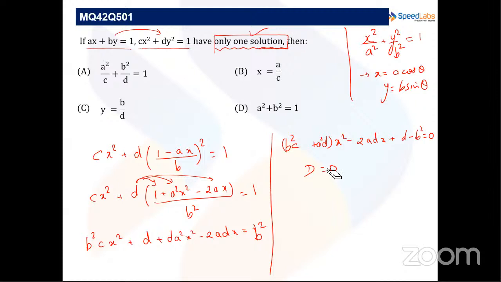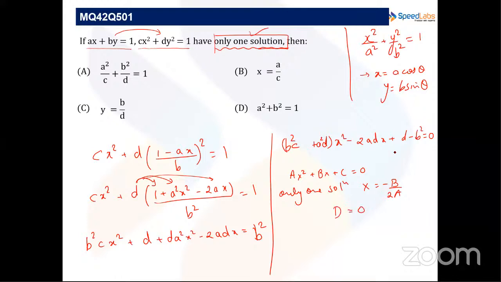From the general quadratic equation ax square plus bx plus c equals 0, if it has only one solution, then that solution is x equals minus b upon 2a, and the discriminant is 0.